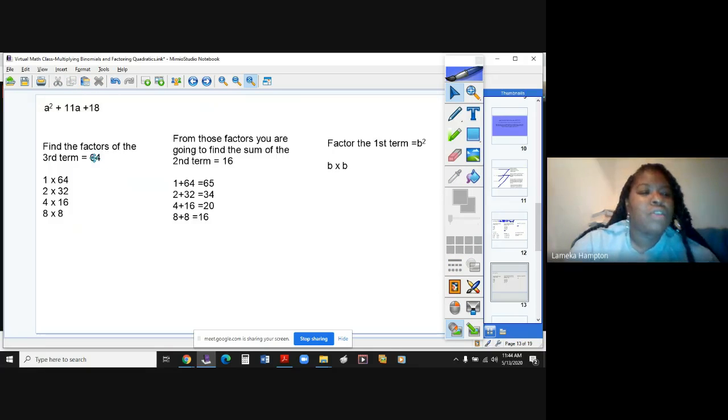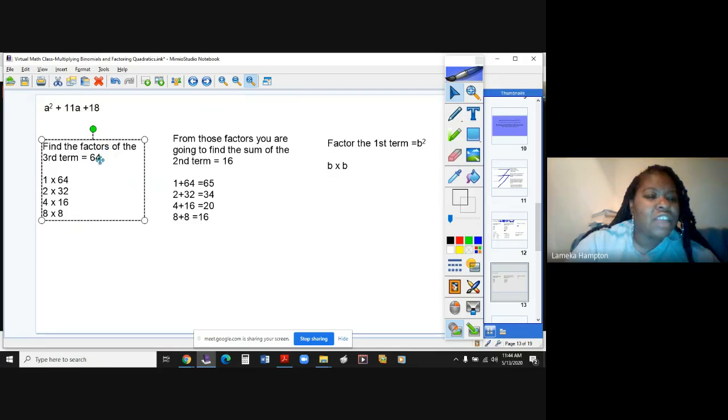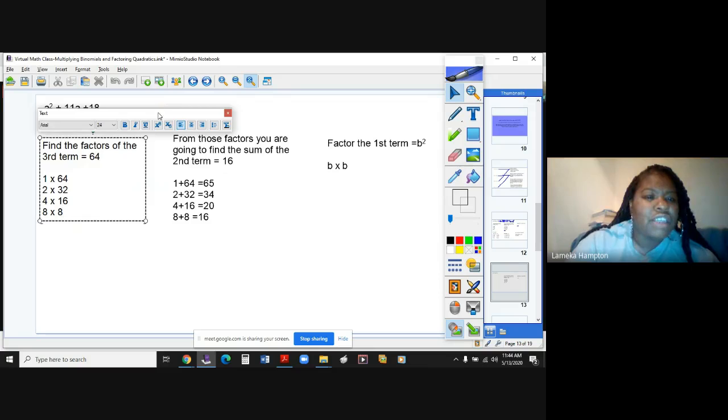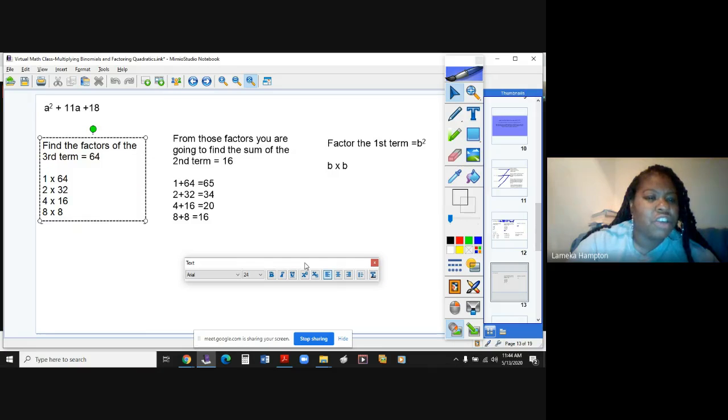All right. So find the factors of the third term. What is my third term in this particular instance? 18. Very good, Miss Philomena. 18. All right. So of course, I'm going to change all of these numbers. So I'm going to start off with 1 times 18.